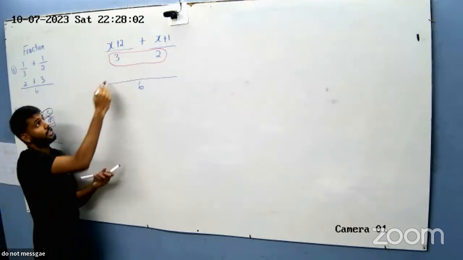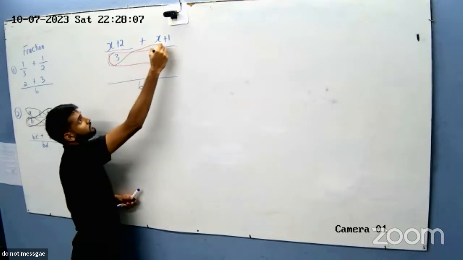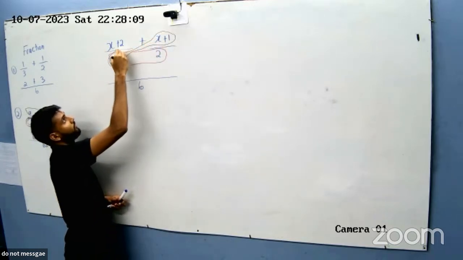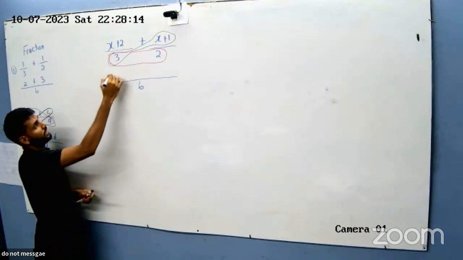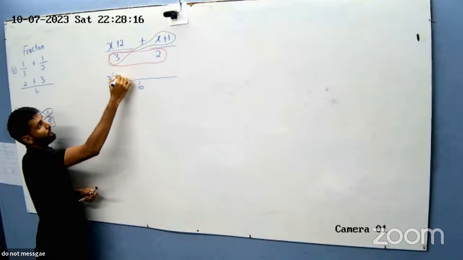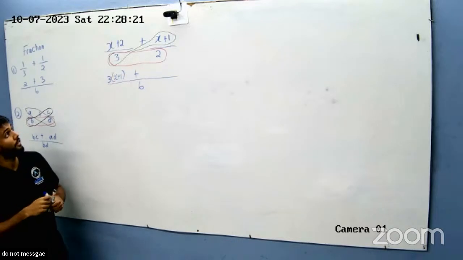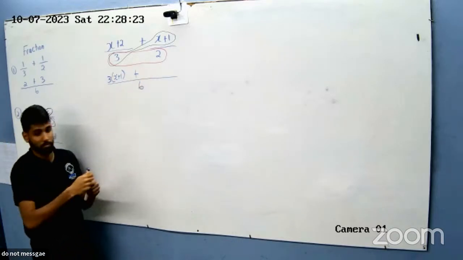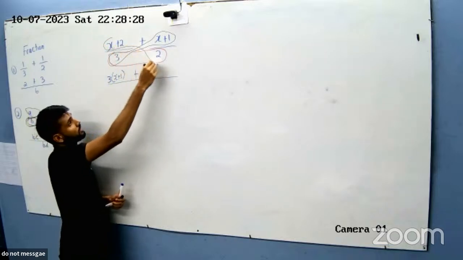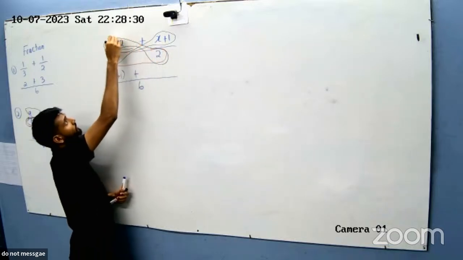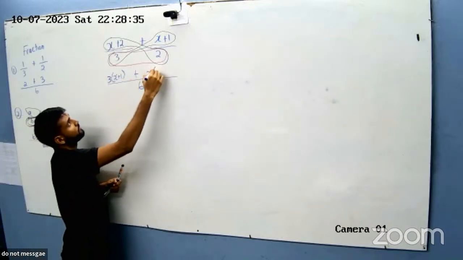Then how do we get the value here? Coming across here, and we take that value. 3 plus, what was the next? All coming here. And 2.